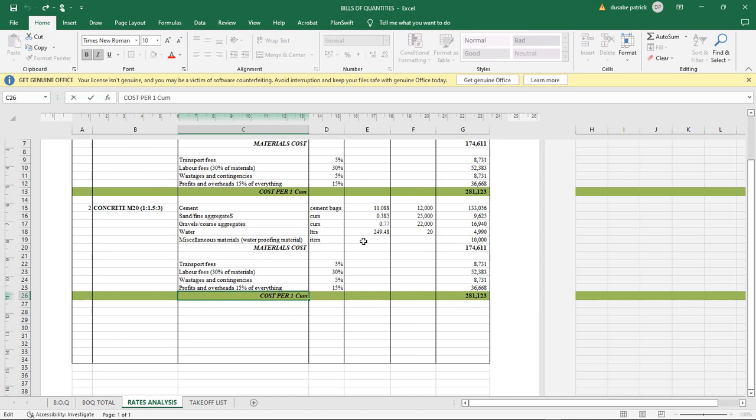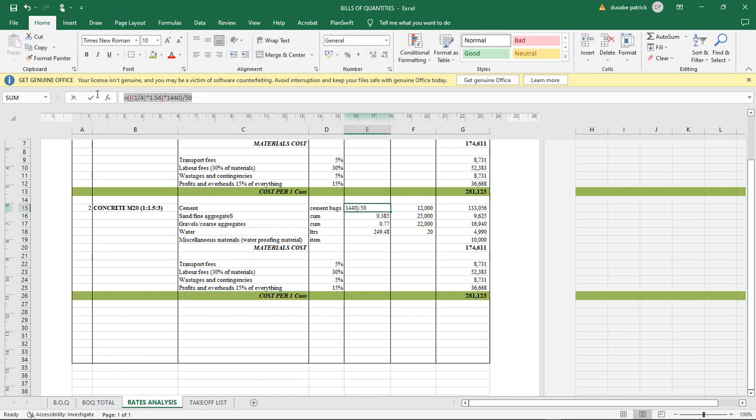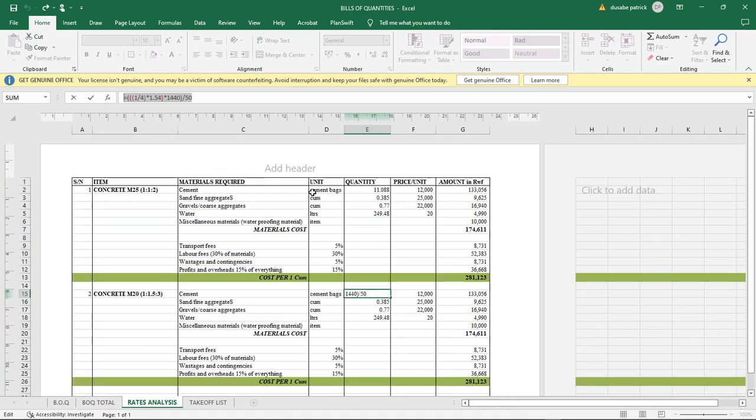So on the cement bags, nothing will be changing much. We were actually taking a formula like this. As for this, we're having 1, which stands for the cement, dividing by 4, which is the total of this mixing ratio, 1 plus 1 plus 2.